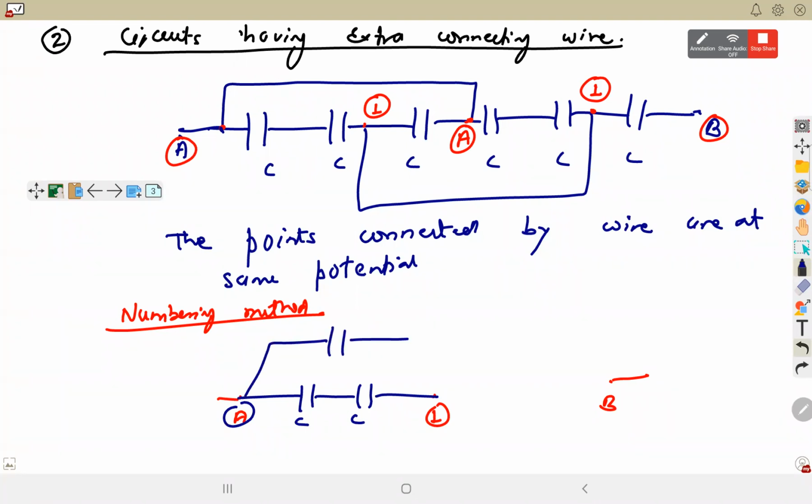And then between 1 and A, and third is between A to 1. Again, there are two capacitors C and C in series. And then 1 to B. This is the actual circuit. Calculate the value of equivalent capacitance in this circuit. It was not clear in the original diagram.